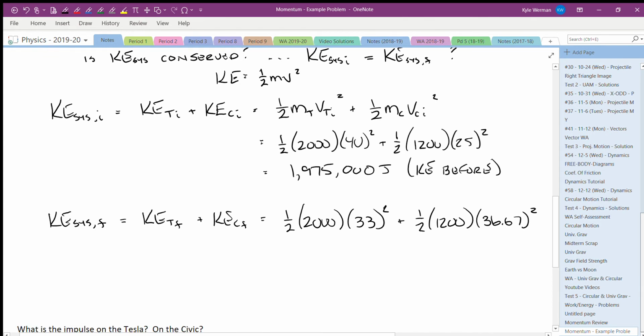And when I plug that in, I get 1,000 times 33 squared plus 600 times 36.667 squared, and I get 1.896 million, 1,896,000. I rounded slightly. All right, that's our kinetic energy at the end, right? Before or after.